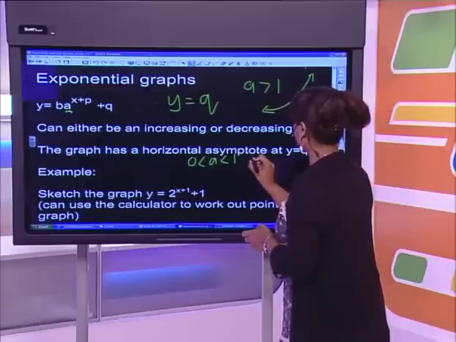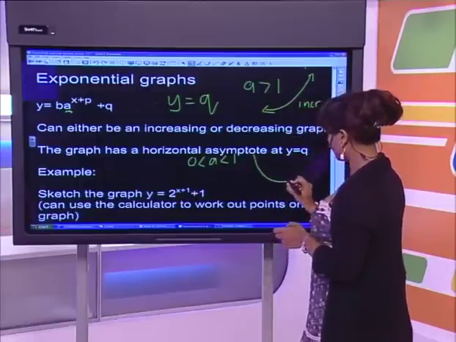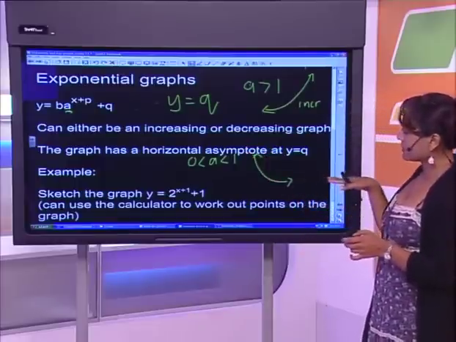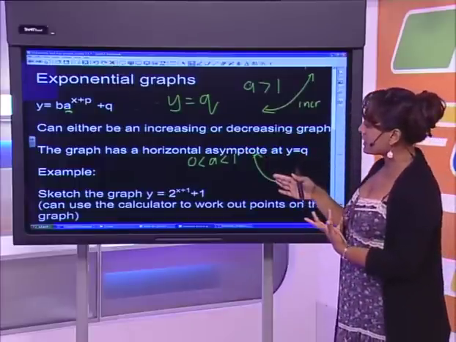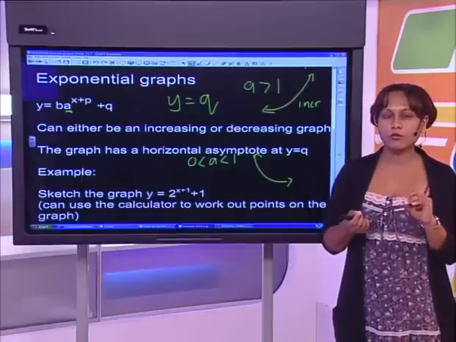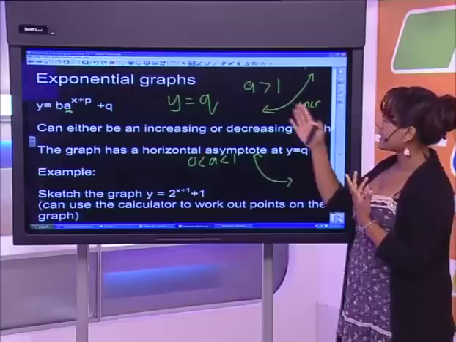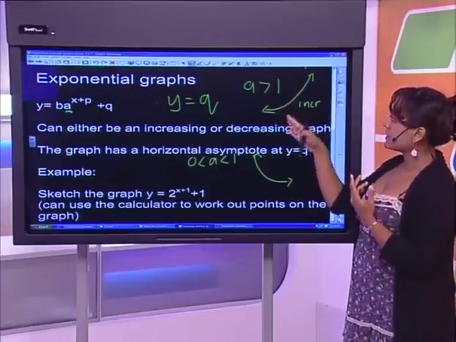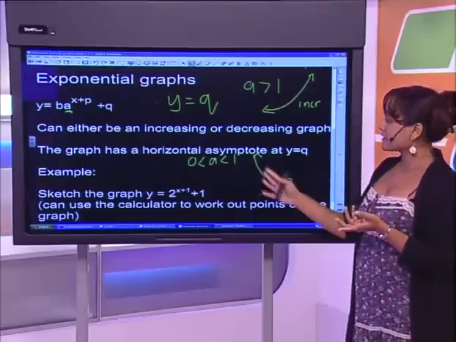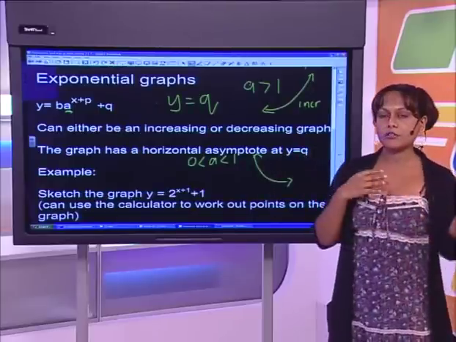To draw that, there we go, we have a decreasing graph. It makes more sense on the axes, but when we talk about increasing or decreasing, we're talking about the y values. When a is greater than 1, an increasing graph means your y values are getting bigger. And when a is a fraction, your y values are getting smaller.